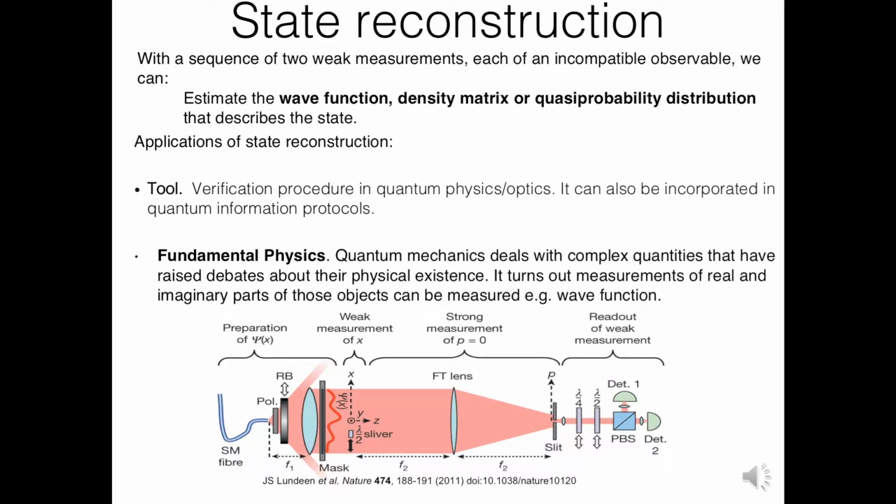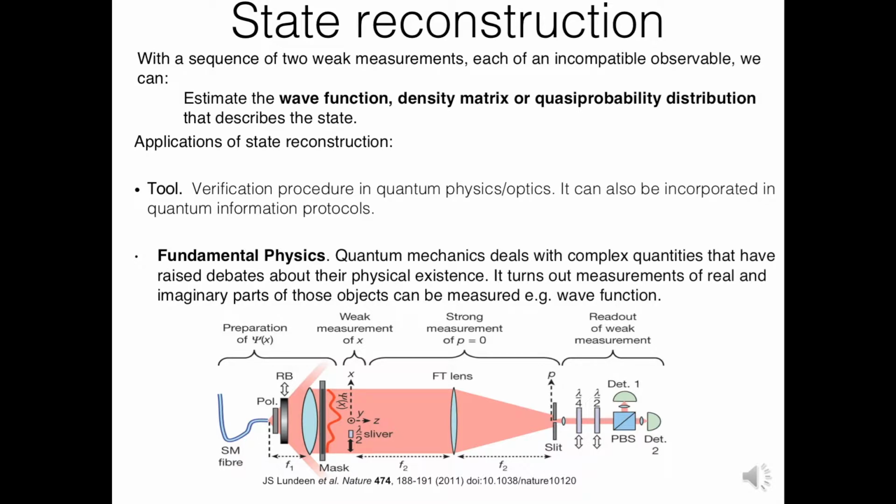One of the applications of weak measurement is the state reconstruction, in which the idea is to perform a sequence of weak measurements to retrieve the wave function, density matrix, or quasi-probability distribution that describes the state. This is an interesting application because this can be used as a verification procedure in quantum physics.